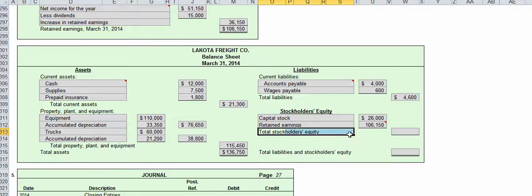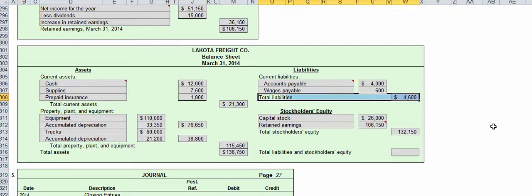And now we'll add those two numbers together to get total stockholders' equity. That's $132,150. So now we've got total stockholders' equity. We've got total liabilities.